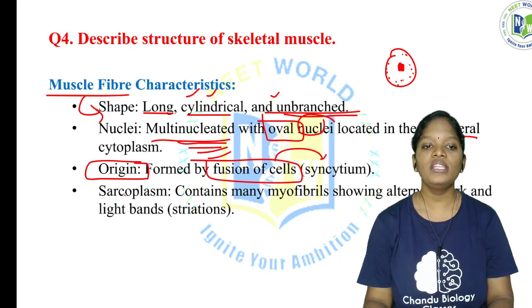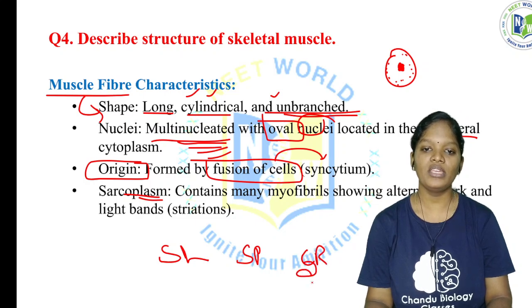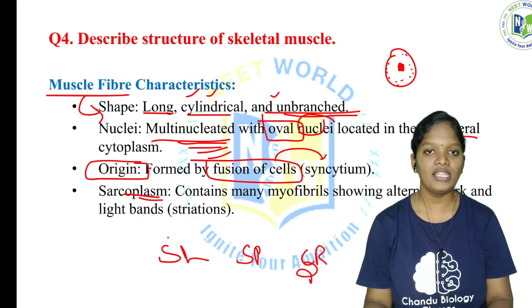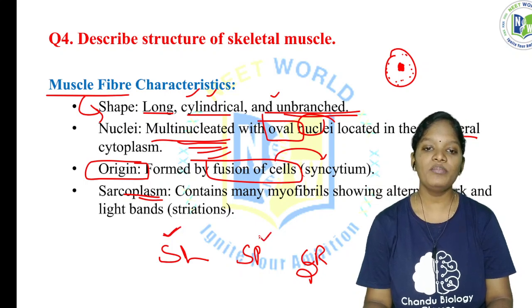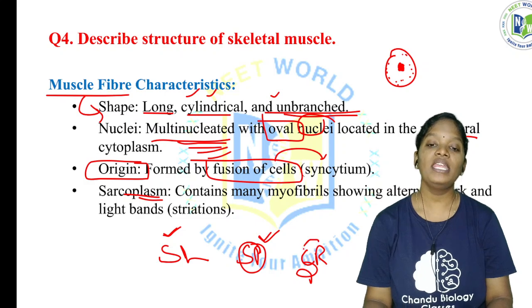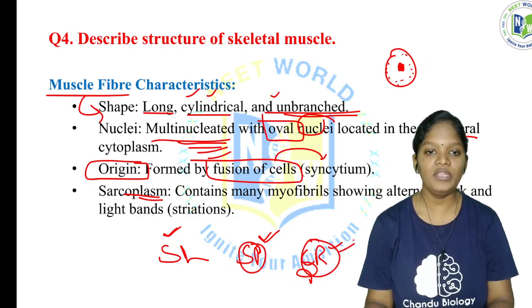Okay, now what is sarcoplasm? See, sarcolemma, sarcoplasm, sarcoplasmic reticulum. The plasma membrane present in the muscle cell is called the sarcolemma. The cytoplasm present in the muscle cell is called the sarcoplasm. The endoplasmic reticulum present in the muscle cell is called the sarcoplasmic reticulum.